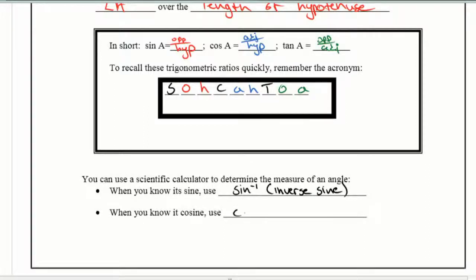And then if we're trying to find the angle with the adjacent and the hypotenuse, we're going to take the inverse cosine. So when we're trying to find the angle, we always take the inverse function. When we're trying to find the ratio of sides, we don't use the inverse function.